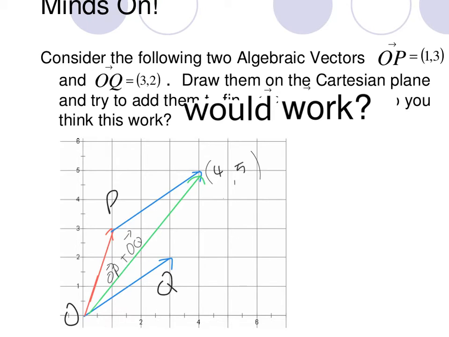Right, so just by even drawing it, seeing where the tip of OP plus OQ falls, we can see, well, that vector must then be 4, 5. So hopefully you were able to do something like that, or at least get part of the way there when you tried it on your own.